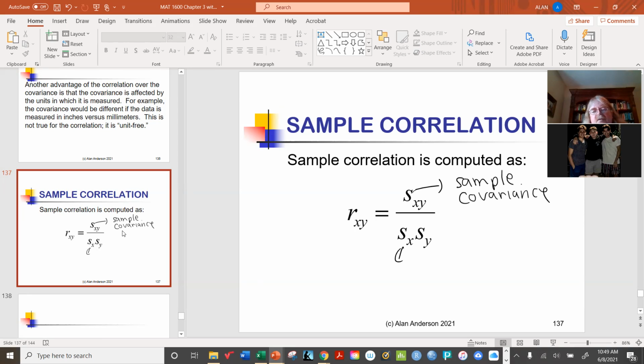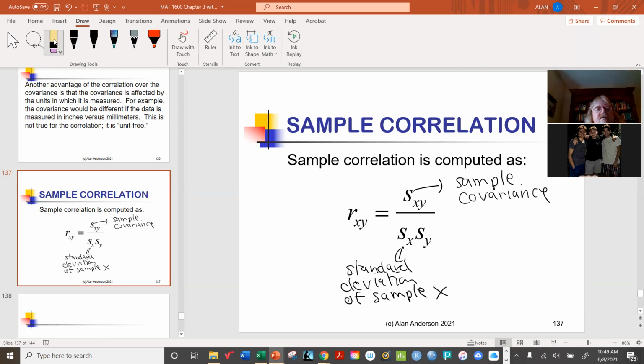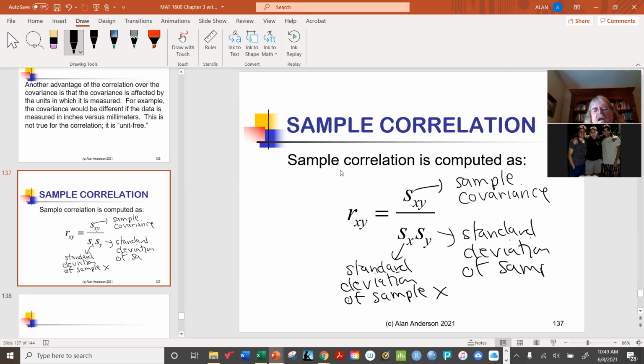Now this is the standard deviation of sample X. And this is the standard deviation of sample Y. And again, you notice because there's two different samples here, we need subscripts to tell us which is which.